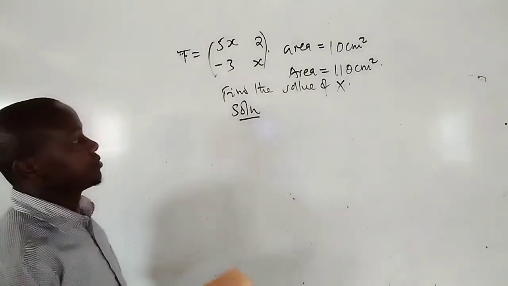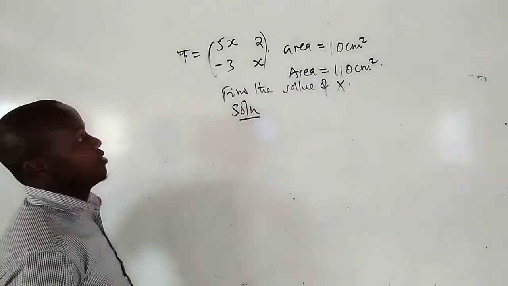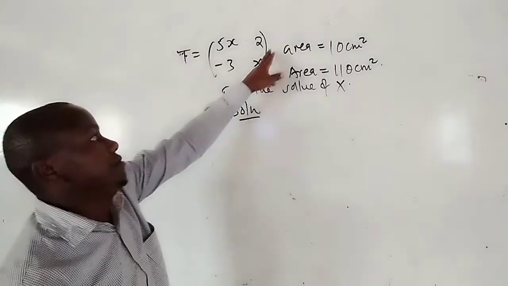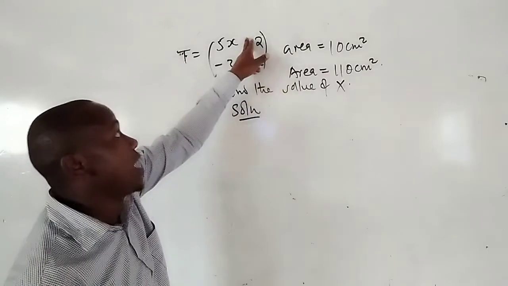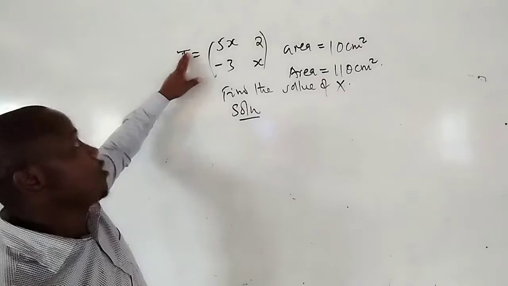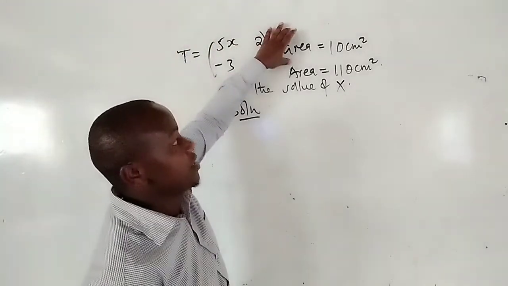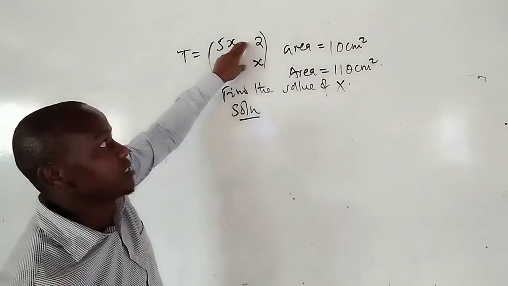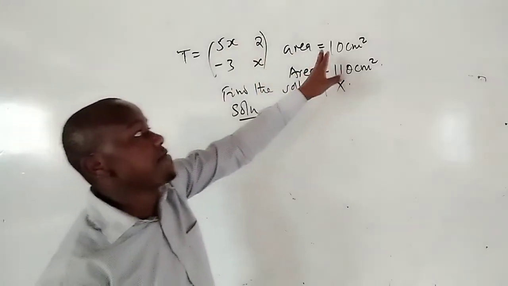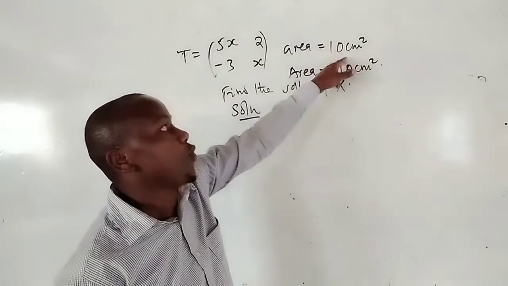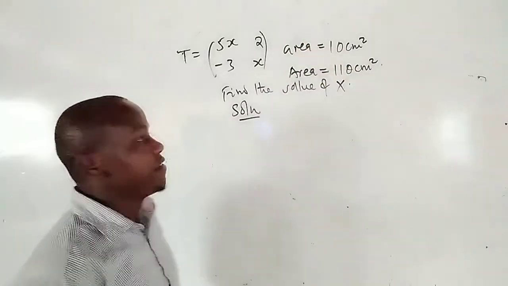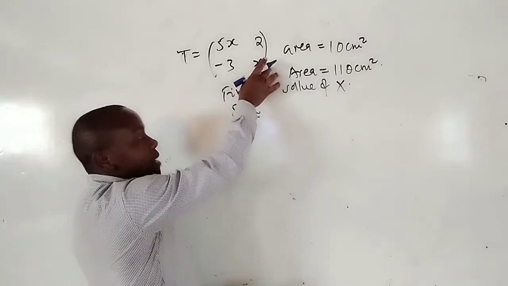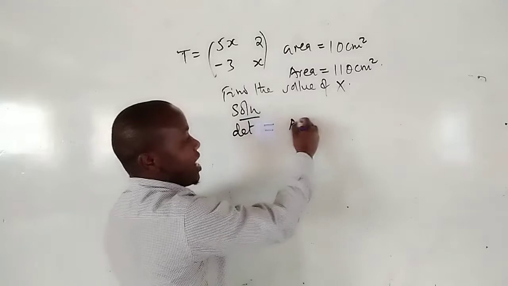Solution: to find the value of x in this one, we should know that whenever a transformation maps area, then the matrix of transformation, which is making a figure become a different one, has a determinant which is equal to the area scale factor when you compare the image and the object.